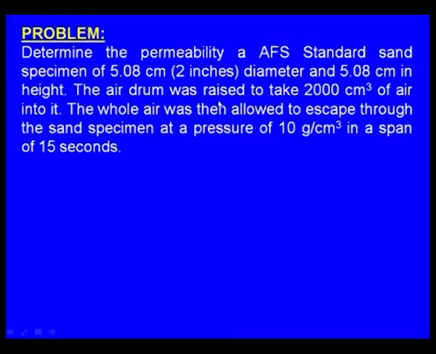The air drum was raised to take 2000 cubic centimeters of air into it. The whole air was then allowed to escape through the sand specimen at a pressure of 10 grams per square centimeter in a span of 15 seconds. Now, how do we calculate the permeability?